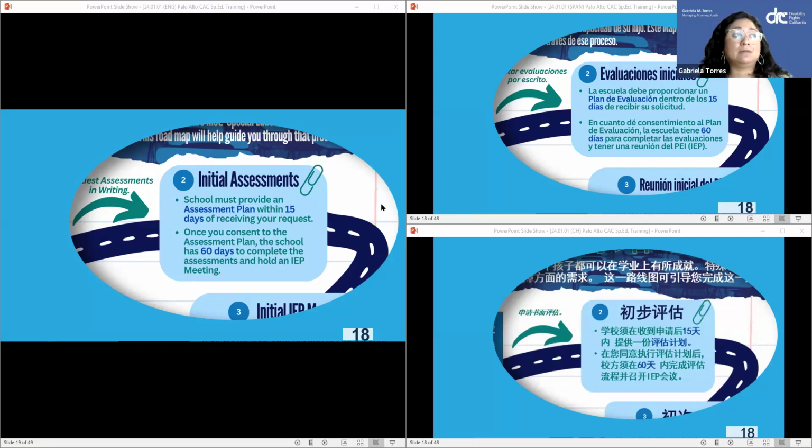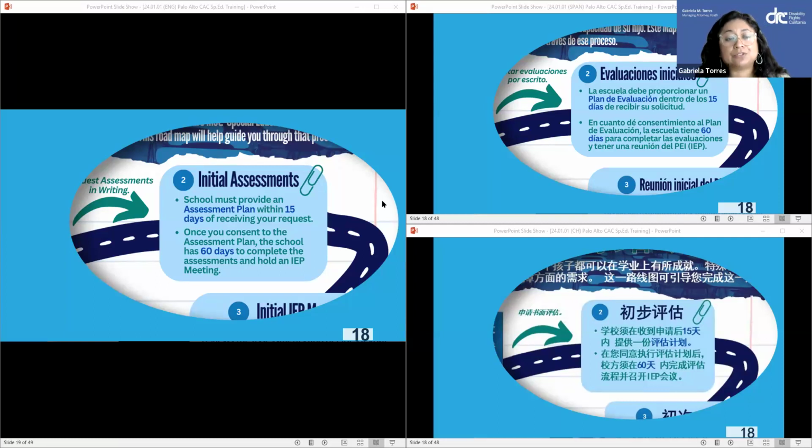That can be anything from academic to speech and language, occupational therapy, behavior, social emotional needs. And so the assessment plan really is a document that the family should look at and consent to before signing it. If there's any areas that are missing, that should be communicated to the school.